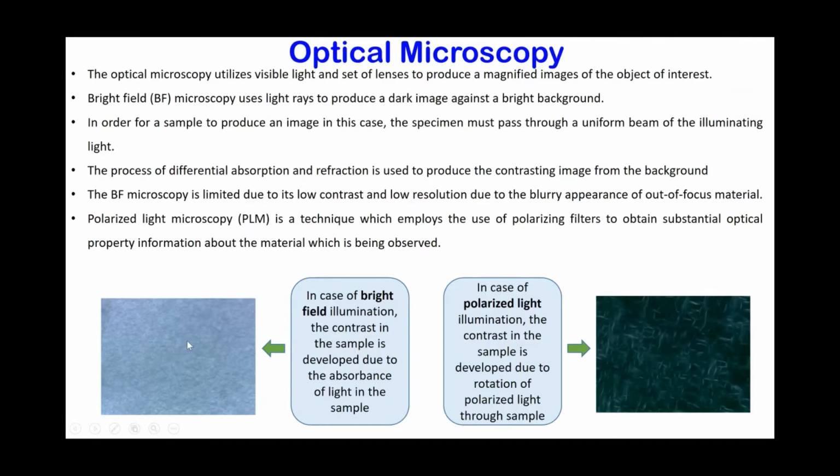However, inside the cellular structures, or in the case of many fat structures or any crystal morphology, whose illumination cannot be substantially done through visible light, we use polarized light microscopy, and here you can see that the object of interest appears brighter over a darker background.